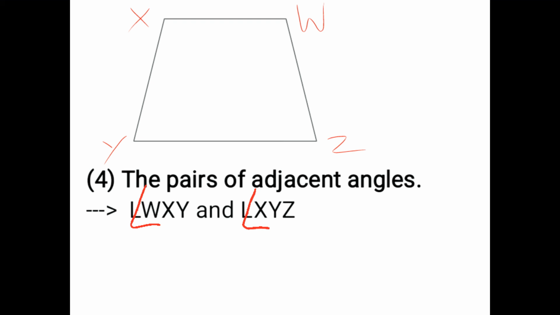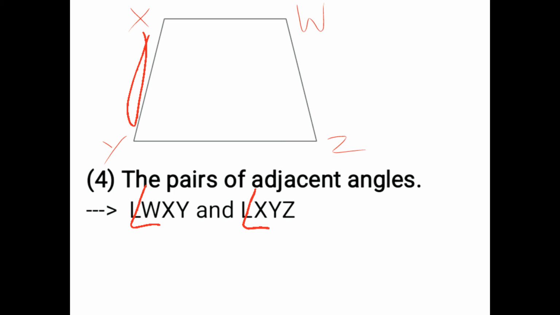Angle WXY and angle XYZ. Common arm is XY. When you name adjacent angles, for one pair of adjacent angles, the common side should be any one when you name the two angles in one pair.